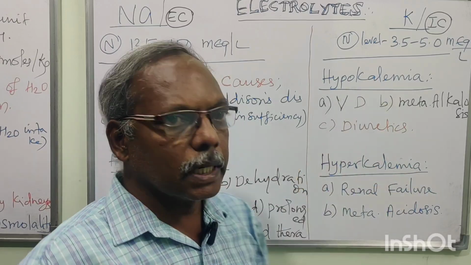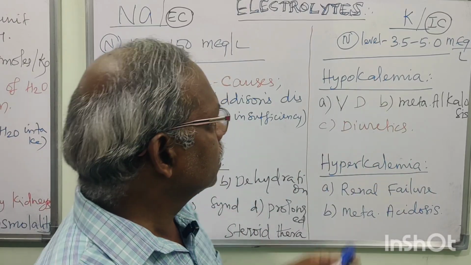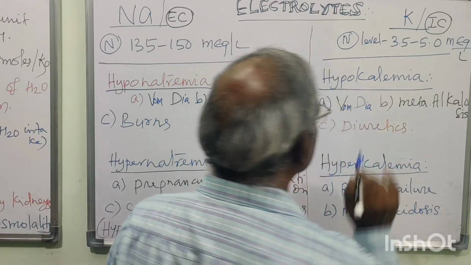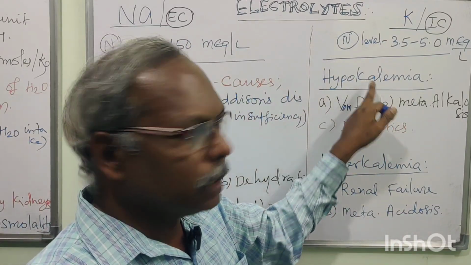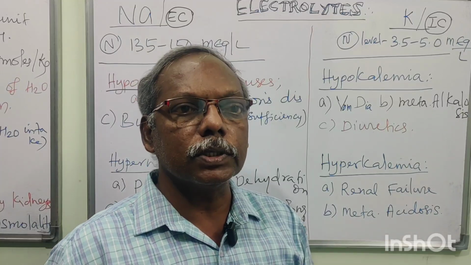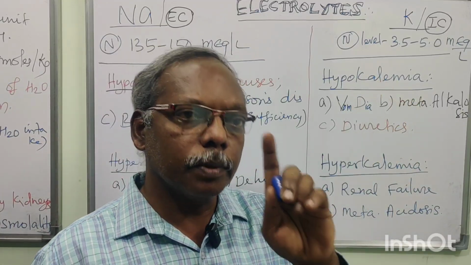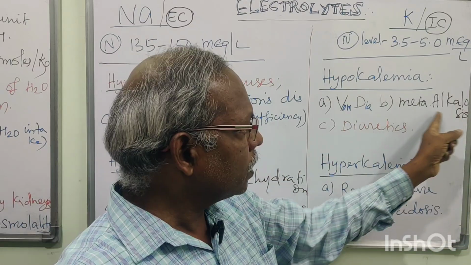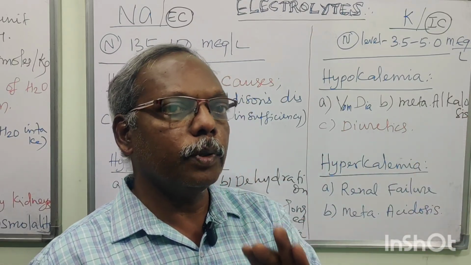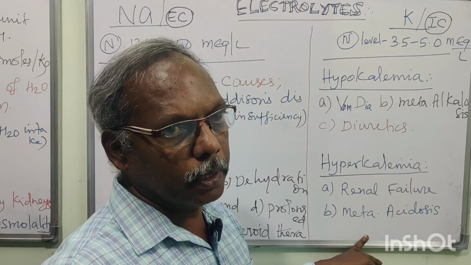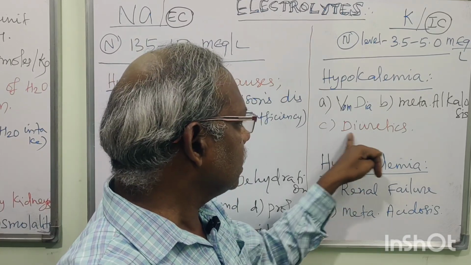We have two conditions, hypokalemia and hyperkalemia. Here also V means vomiting, D means diarrhea for hypokalemia. Then metabolic alkalosis. This is a very important cause for hypokalemia. Metabolic alkalosis means hypokalemia, whereas metabolic acidosis means hyperkalemia. Okay. And then diuretics.